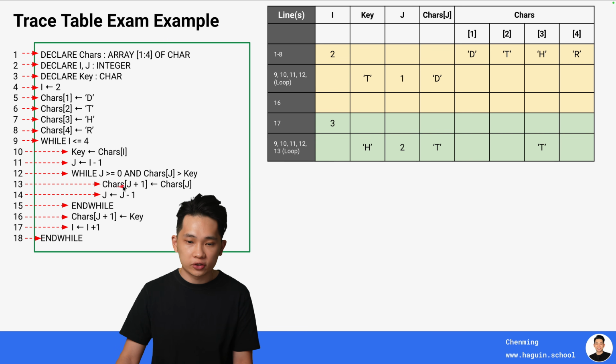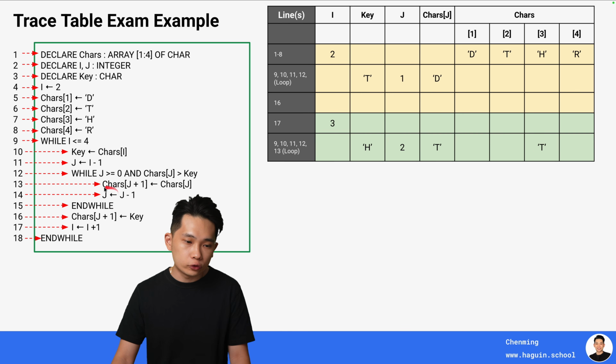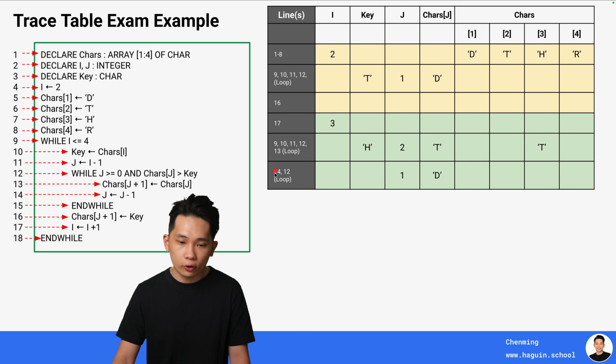So what is chars j plus 1? J is 2, so chars 3 will be updated with the value of chars j. So now h will be updated to the value of t. And next we have j is equal to j minus 1. Right now we are updating this value, therefore we have to add a new row, which is this 14 and 12.